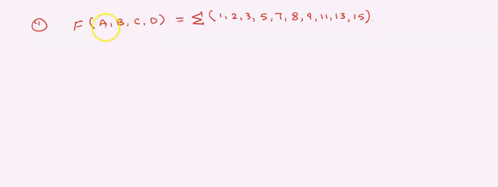See children, how many variables are there? A, B, C, D. There are 4 variables. It means we have to draw a 4 cross 4 matrix.